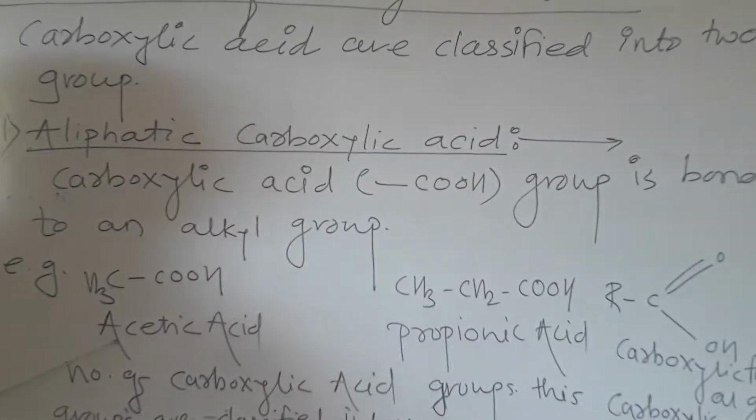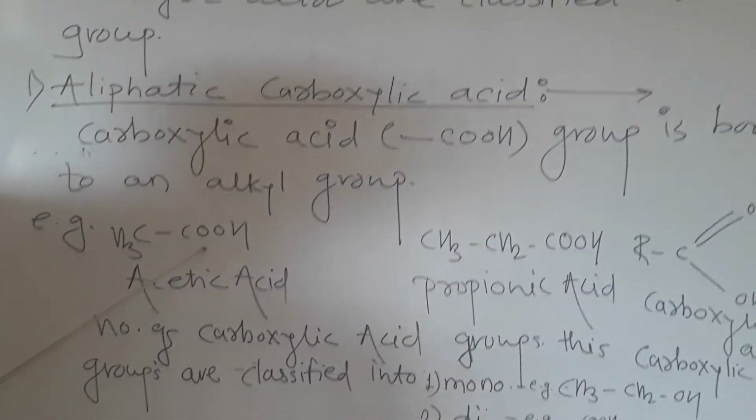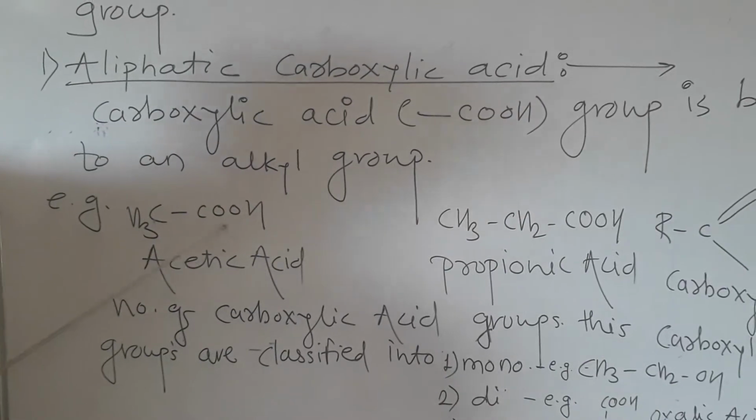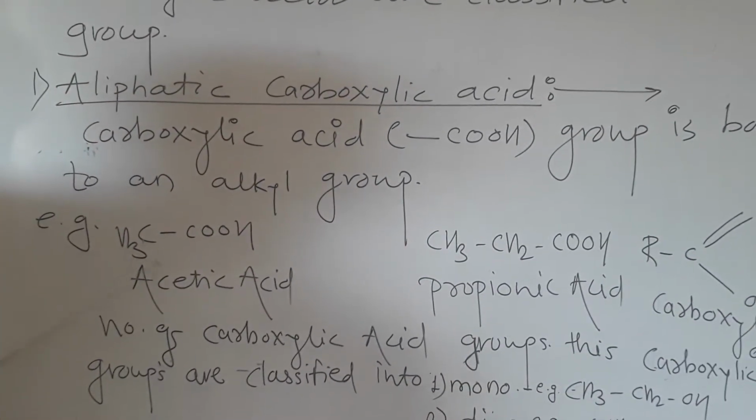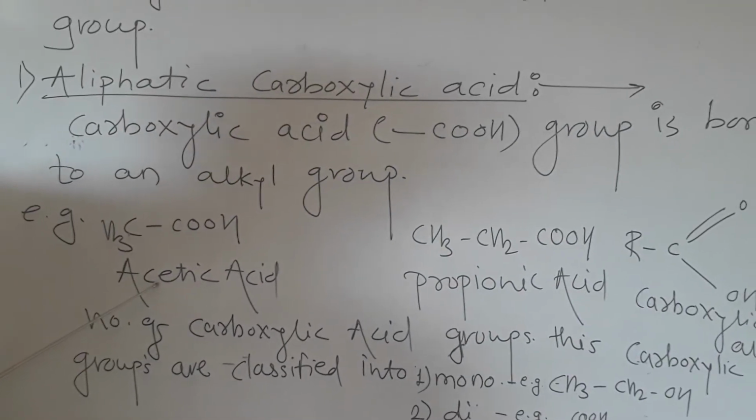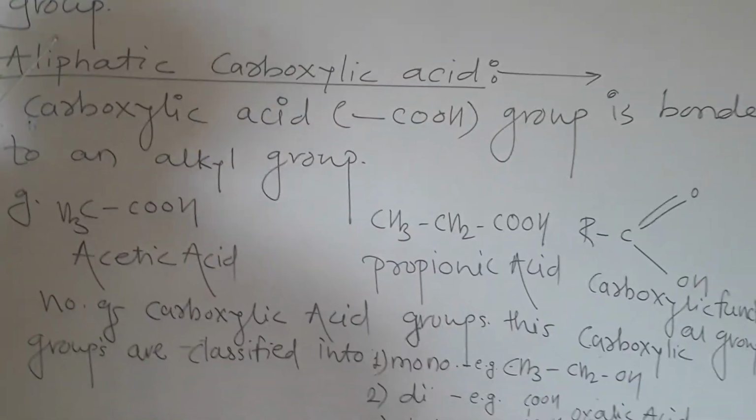An example is acetic acid, where the COOH group is bonded to the methyl group. That is known as acetic acid, and this acetic acid is nothing but an aliphatic carboxylic acid.